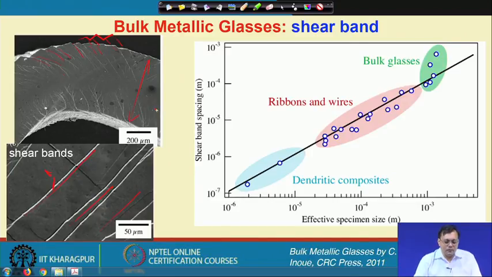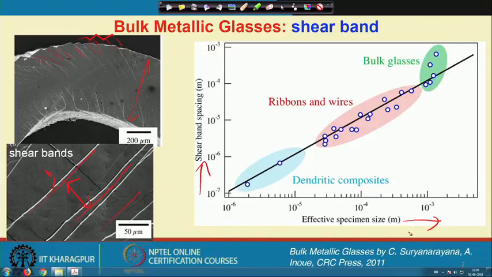We can also measure the distance between two shear bands, which is a measure of the shear band spacing. Since these are macroscopic events, we can correlate with the effective specimen size.